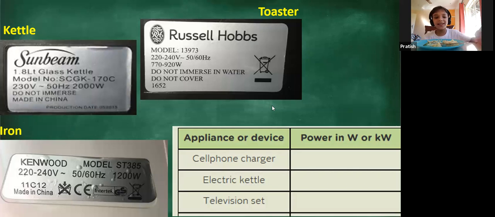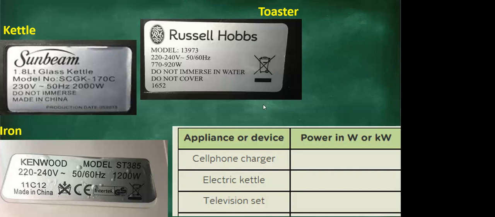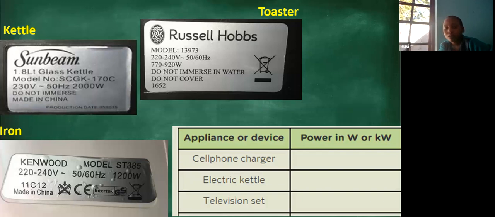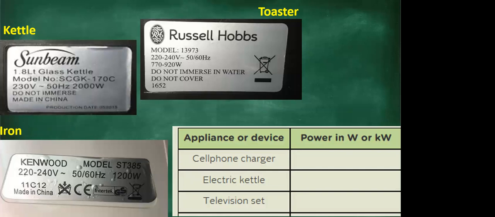I'm going to say TV. A TV, awesome. Thank you so much. Abu, yes. Ma'am, TV set too. All right, so clearly a TV set is using up much more electricity.